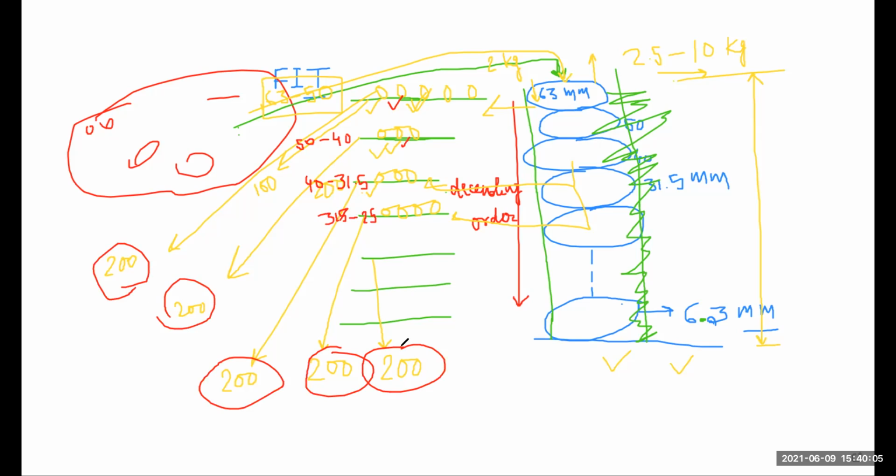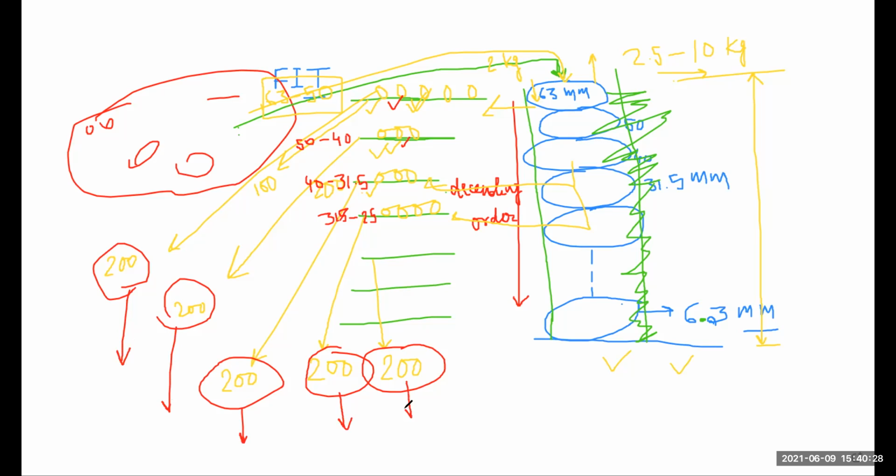When we separate out these aggregates, then we weigh them: 200 aggregates for this size, 200 of this size, and so on. We weigh all 200 aggregates.